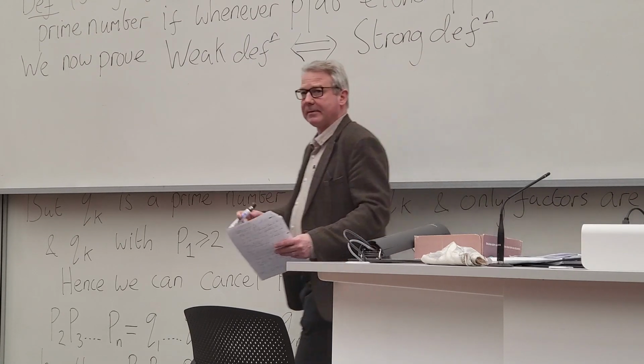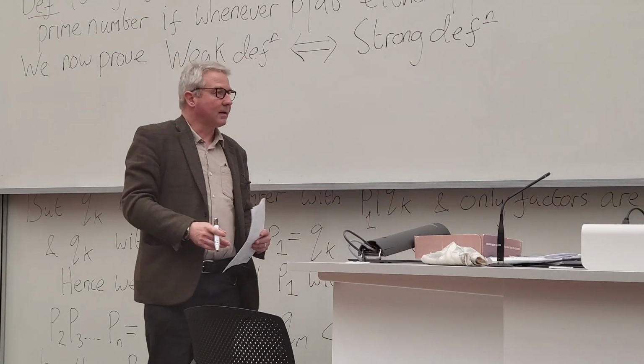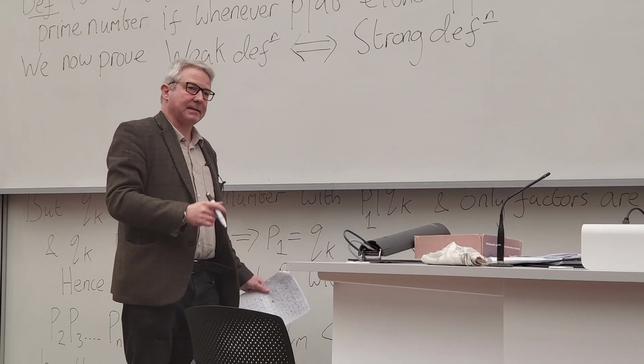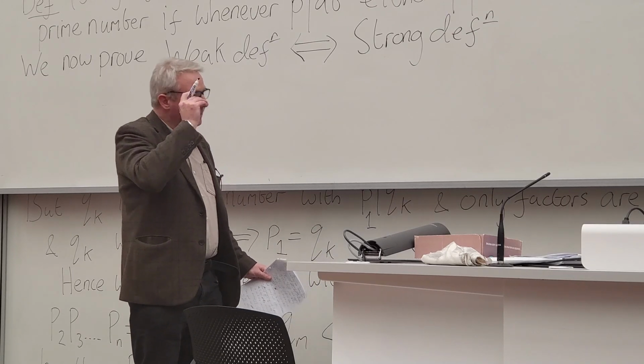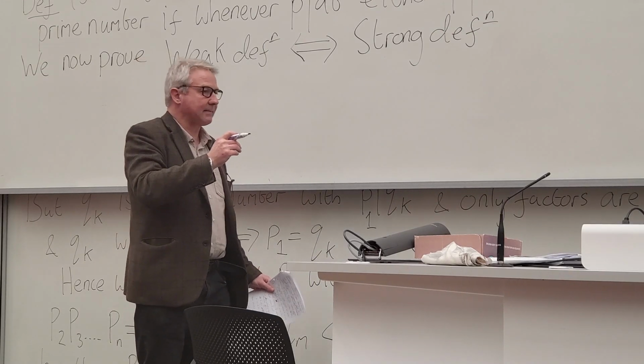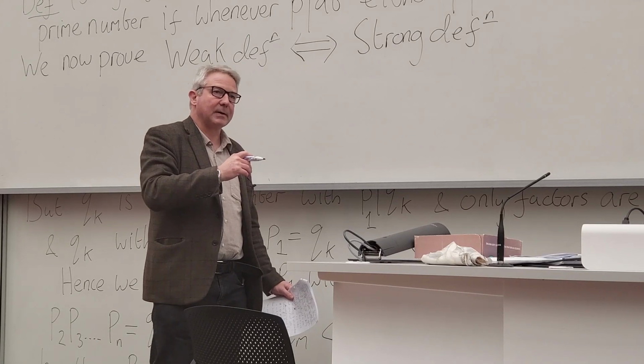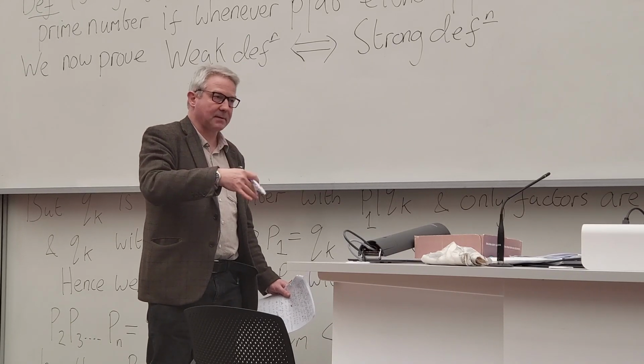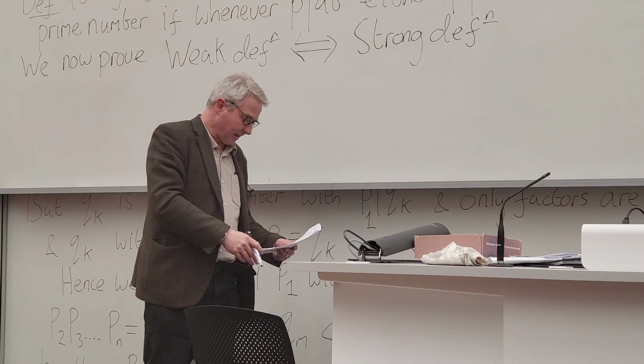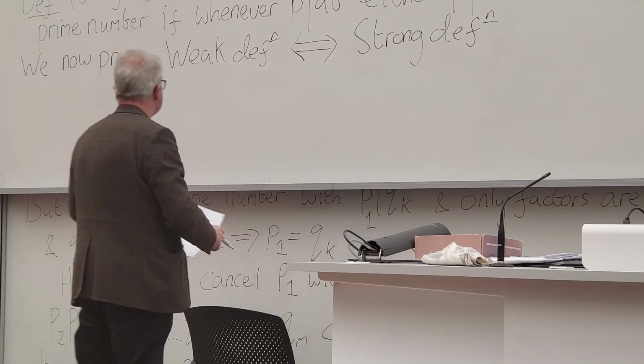Okay, so how do we do these? Well, we take the first statement. You'll find that the first statement of the weak definition is d divides p, so p is de. So we start with that, if we're going to do weak implies strong.